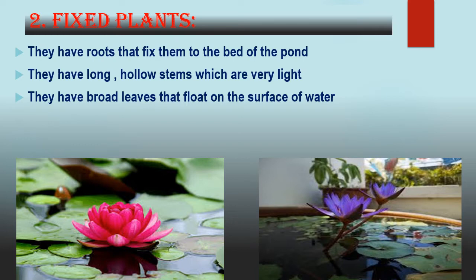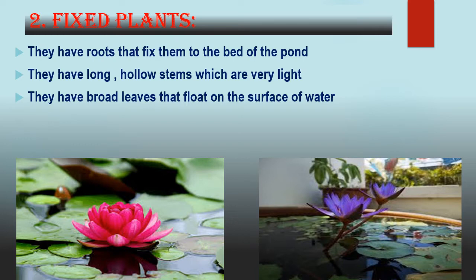As you can see in the pictures, their leaves are slightly different from the other plants. They have broad leaves that float on the surface of the water. When we talk about their flowers, the flowers of these plants are always found on the water surface.